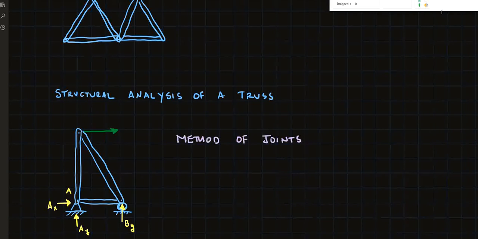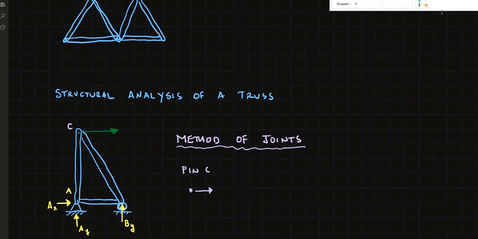We're going to use the method of joints to analyze this pinned truss here. So first thing we're going to do is look at individual pins. So let's take a look at pin C. We're going to draw a complete free body diagram here every time we do this.